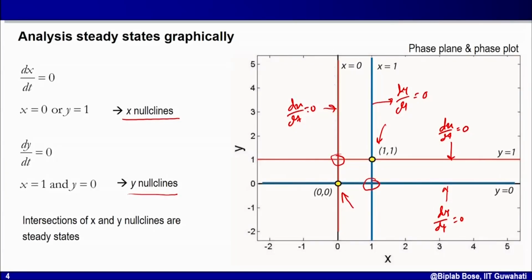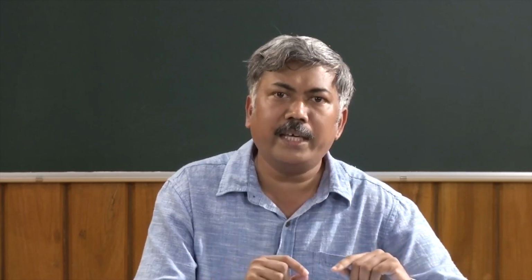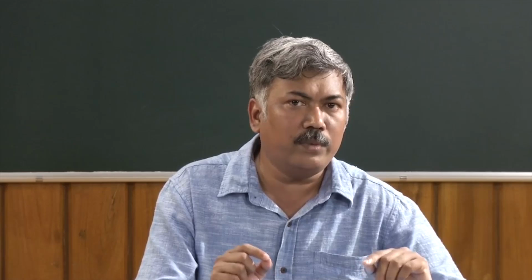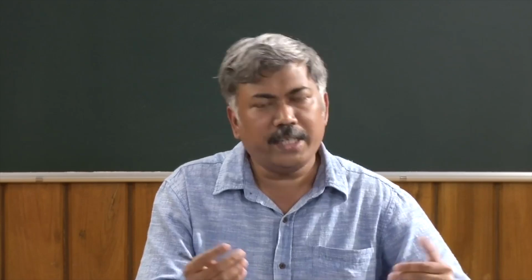So just by plotting these null lines on the phase plane and looking for intersection points, we can identify how many steady states there are. If I have 2 dependent variables, I can plot them in a phase plane, put each of their derivatives equal to 0, draw the null lines, and look for the intersection points. It can happen that for a system there is no steady state, so the null lines do not intersect at all.